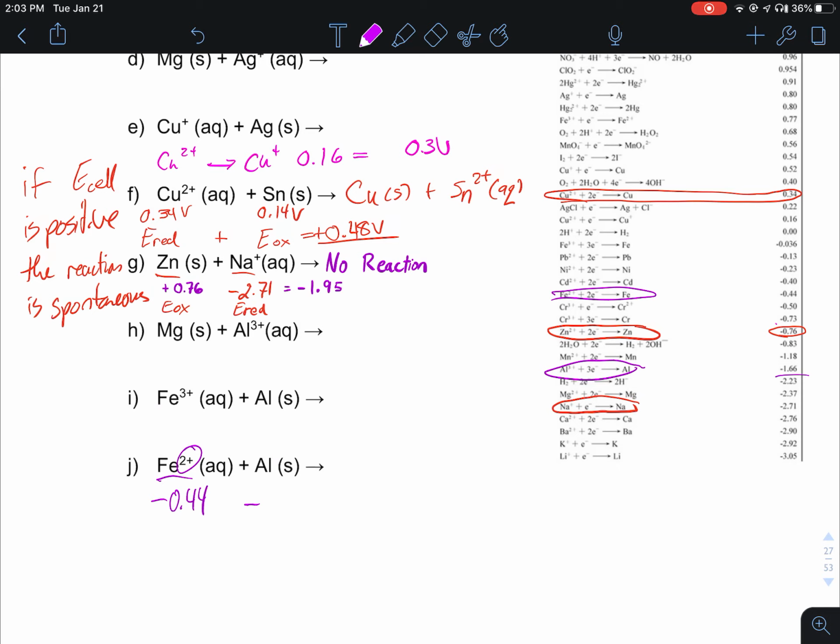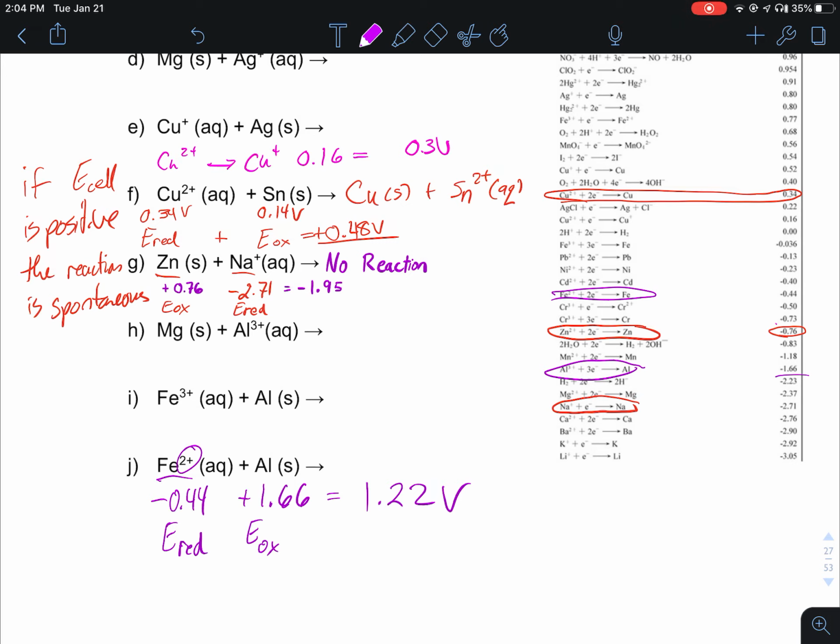It's aluminum metal, so we need the oxidation. This is our reduction potential. We need the oxidation potential. Normally it's 1.66 negative, so the oxidation is going to be positive 1.66. Combine those. Do we get a positive number? Sure do. 1.22 volts. So that is going to carry through.